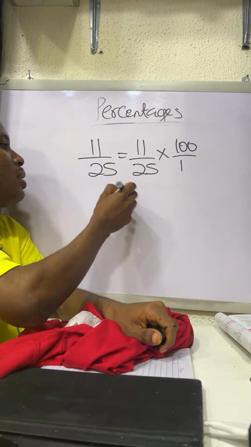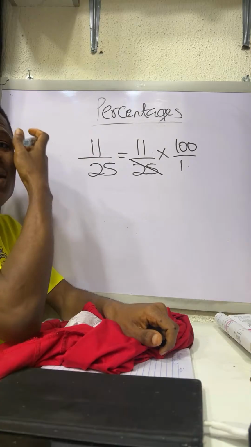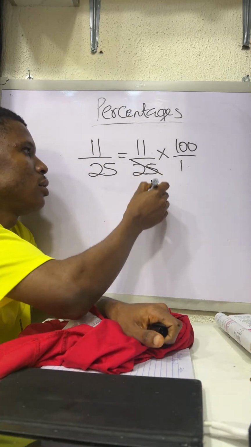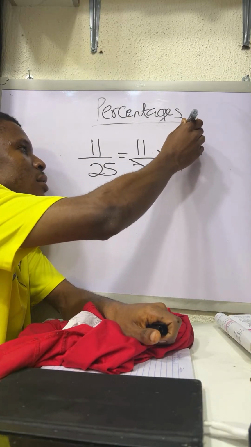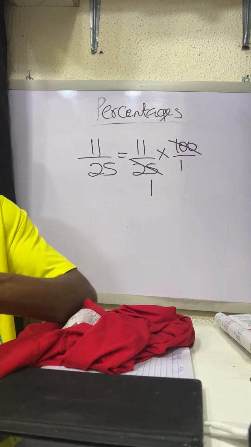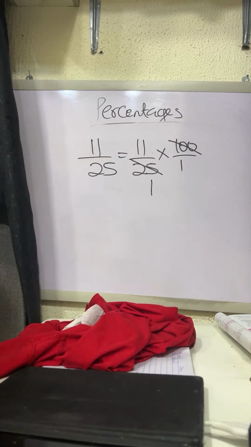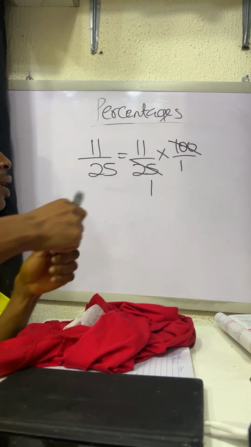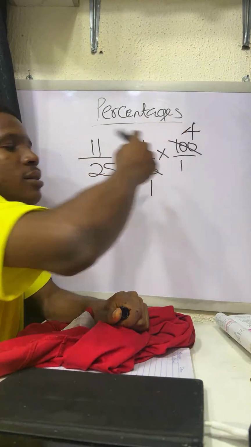25 can divide itself to give us 1, and 25 can divide 100. If you divide 100 by 25, what do you get? 4.